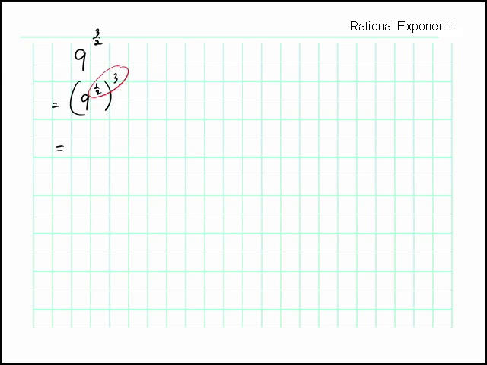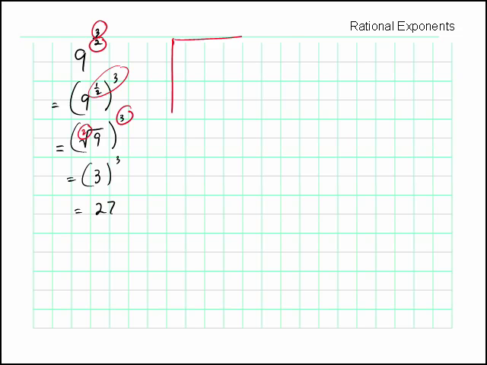But from what we just learned, 9 to the 1/2 is actually square root 9 cubed. The square root of 9 is 3, and that cubed gives me 27. And so really what we're going to have is this number, this 3 up here, and this 2 is actually the root right there.